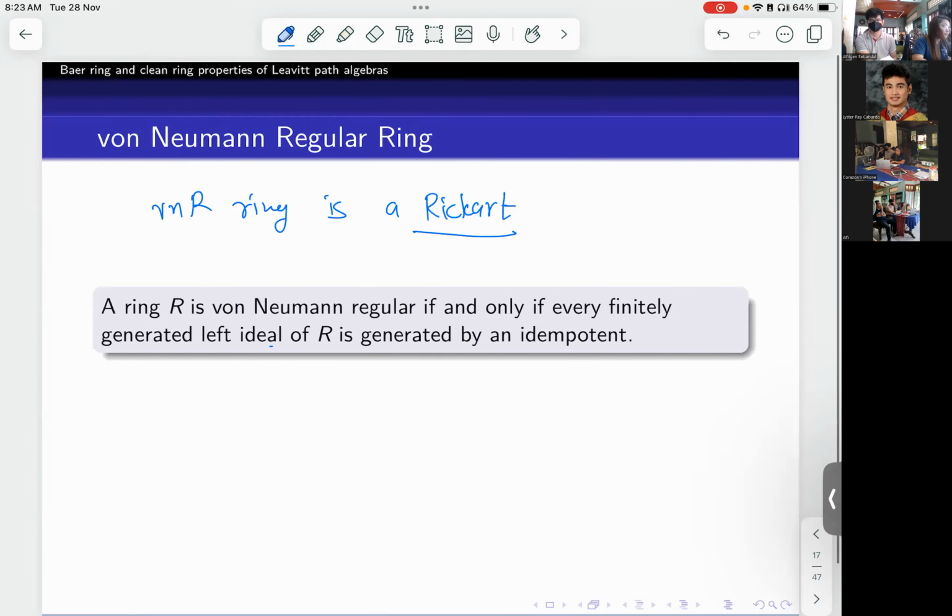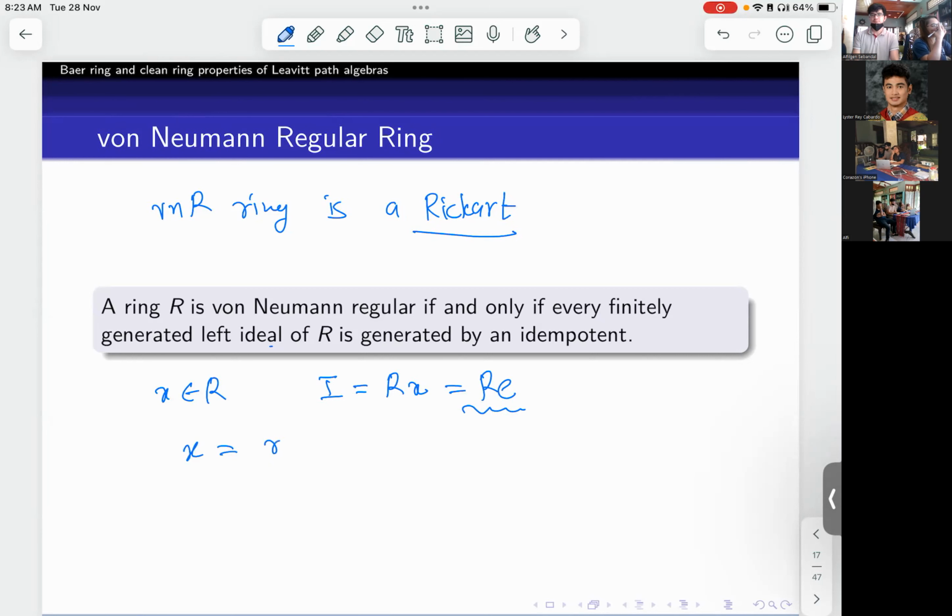Consider an X belonging to the ring R and consider the ideal generated by X. Then it will be Re, since we are assuming that the left ideal is generated by an idempotent.